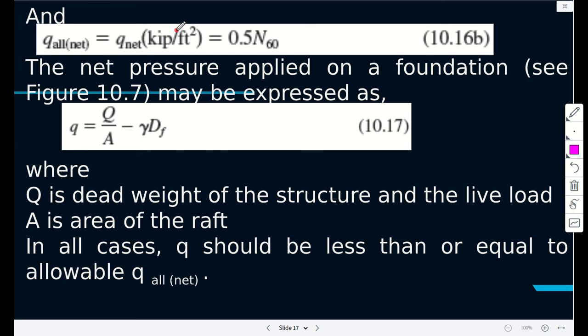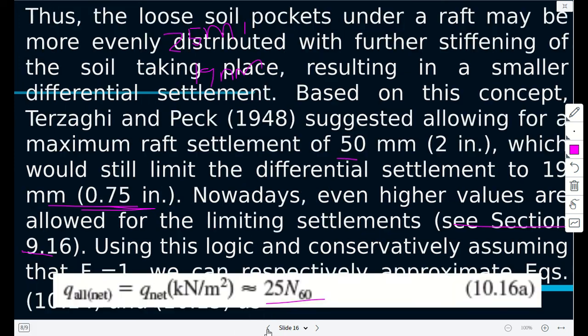The net pressure applied on the foundation, see figure 10, we already talked about.